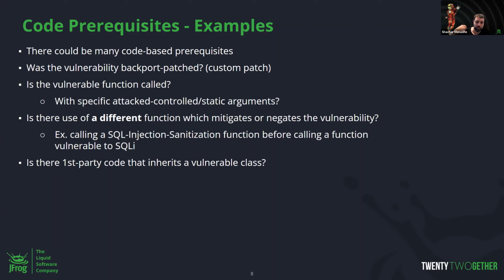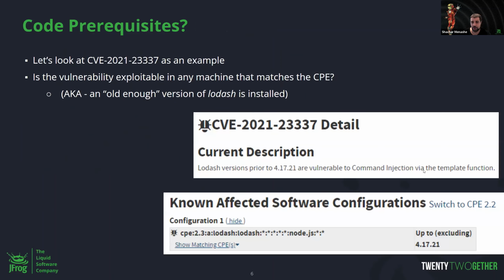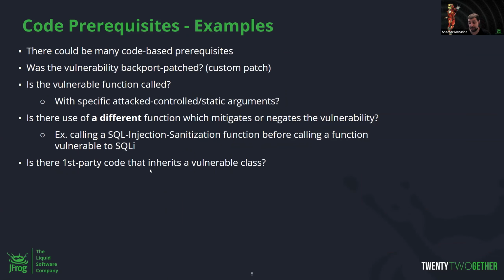You usually need to go to a technical write-up if there is something like that, but try to look out for it because sometimes it will be. Also, sometimes it's not a function that's vulnerable. It could be a vulnerable class, so you need to look out for first-party code that inherits from that class.